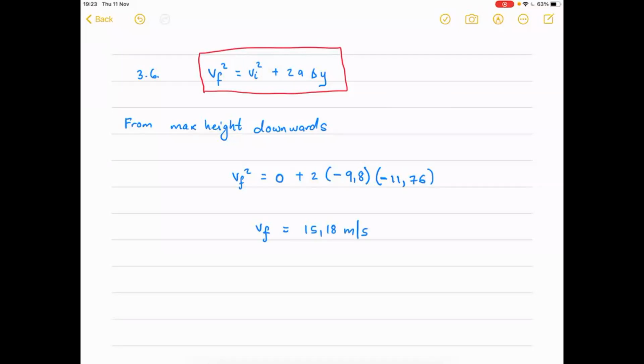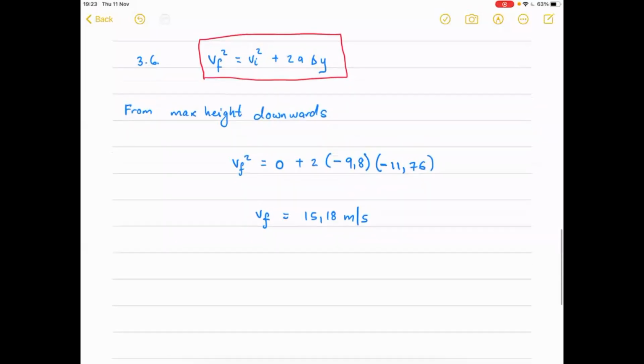Okay, so that's one way that you could have done it. And then the other way, and I'm going to say or, because you choose it, you're only going to do one calculation. We can try to calculate it from the balcony. So from when it first started, okay? So from the balcony, and we're using the same equation.